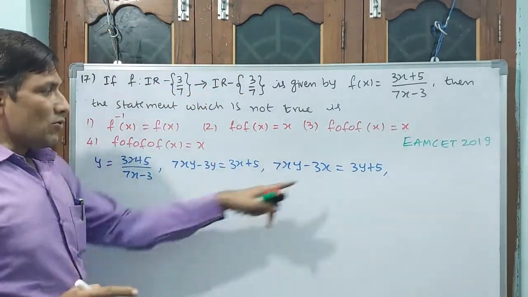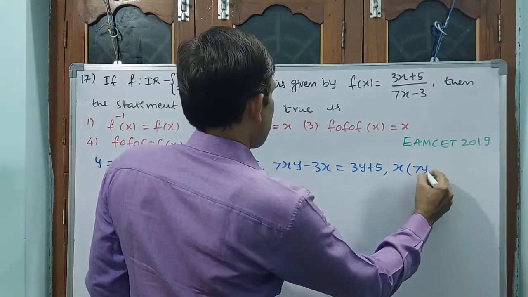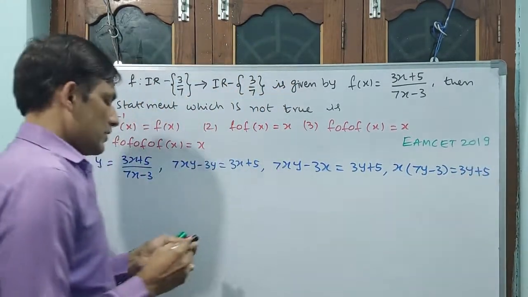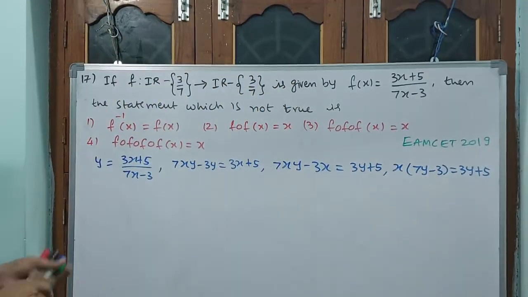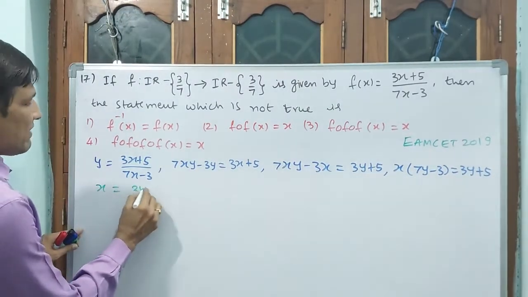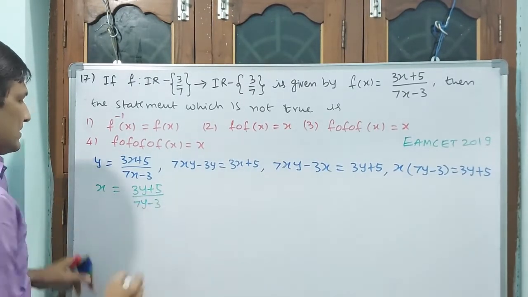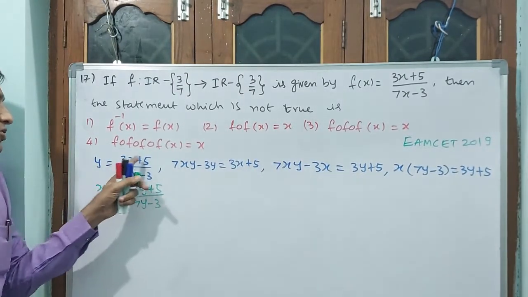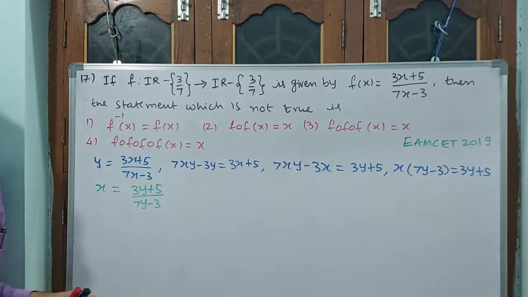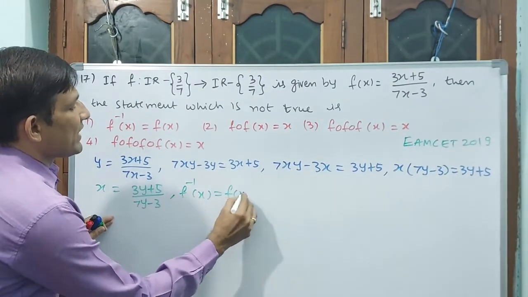Okay? Now take x common. X if you take common, 7y minus 3 is equal to 3y plus 5. Okay? Now x is equal to 3y plus 5 by 7y minus 3. You see, y is equal to 3x plus 5 by 7x minus 3. X is equal to 3y plus 5 by 7y minus 3. That means here f inverse of x is equal to f of x.